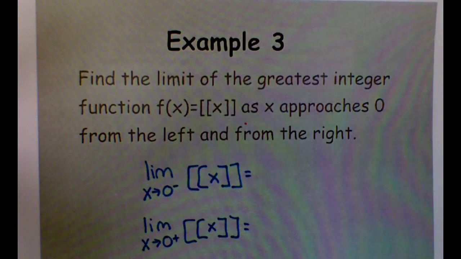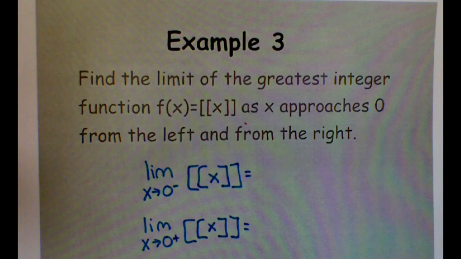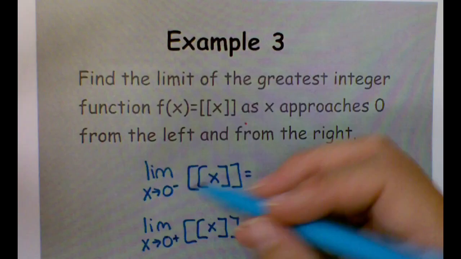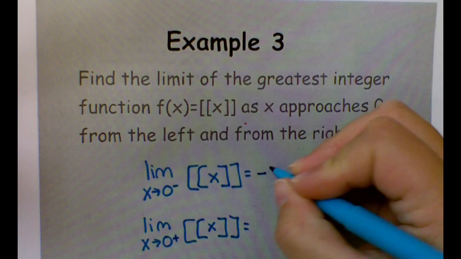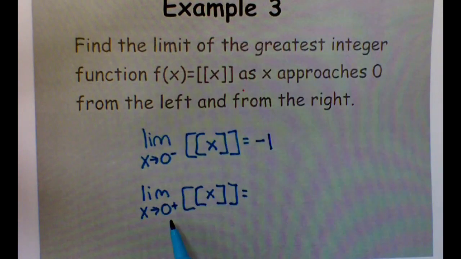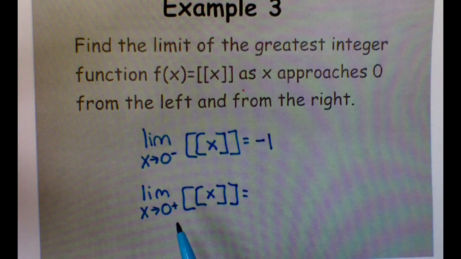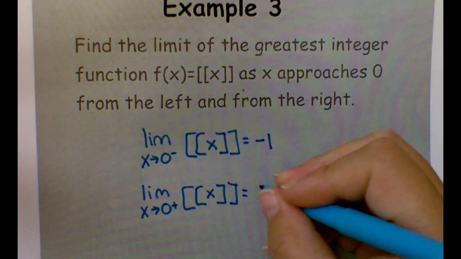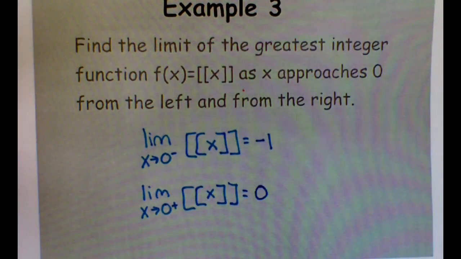So negative 0.5 always rounds down to negative 1. Negative 0.2 will round down to negative 1. So as I come in from the left, I'm always going to get negative 1. As I come in from the right, these are values greater than 0. So 0.5 rounds down to 0. 0.2 rounds down to 0. So the limit from the right is 0.